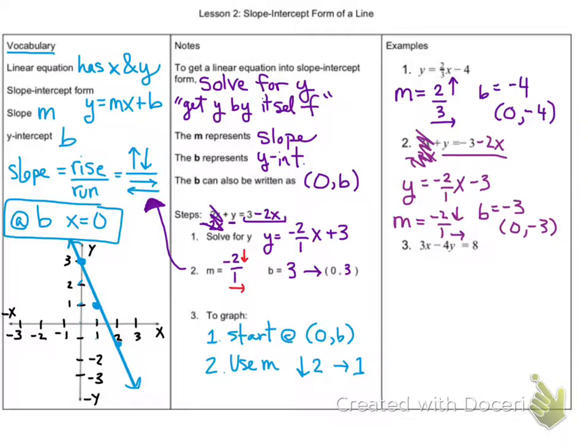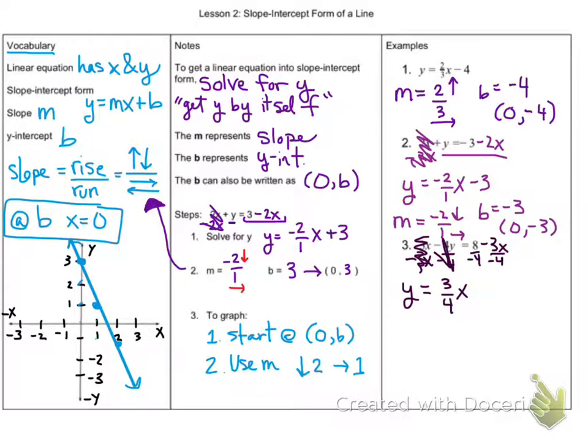For 3, to get y by itself, I first subtract 3x from both sides. And then I need to divide by -4. So I'm going to divide the 8 by -4 and the -3 by -4. So now I have y equals 3 over 4x.